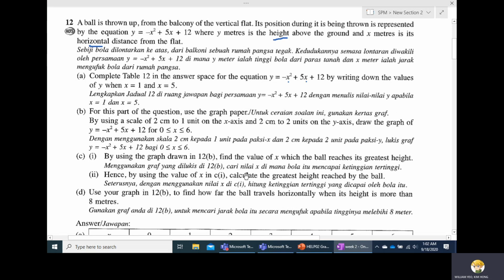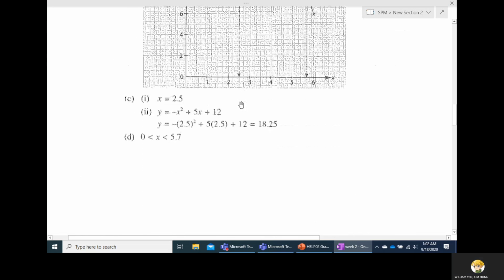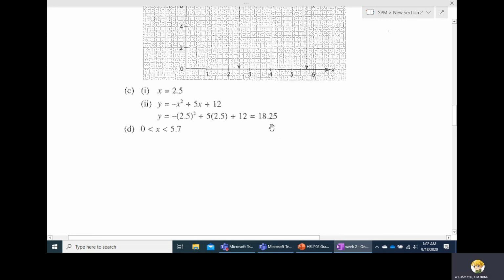When you see calculate, you have to calculate. Just now in part 1 we got 2.5, so now substitute 2.5 here, and you get 18.25. It's quite similar, but you need to think more. It's not something on the surface.